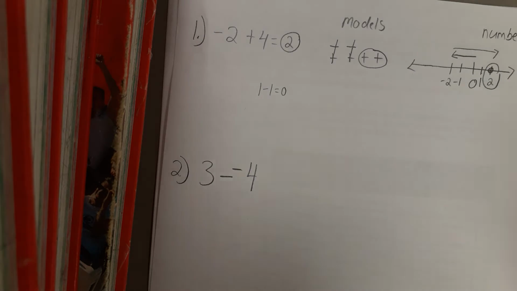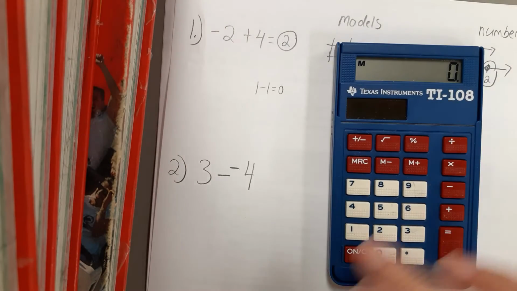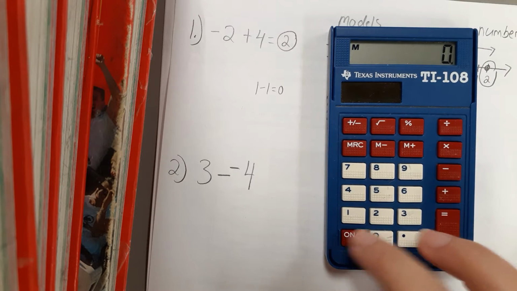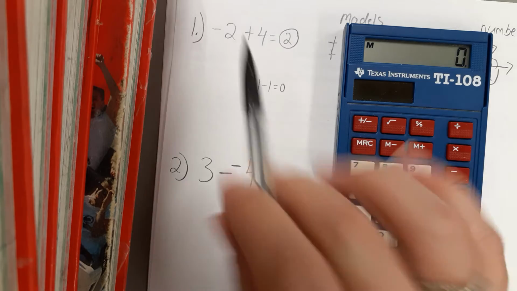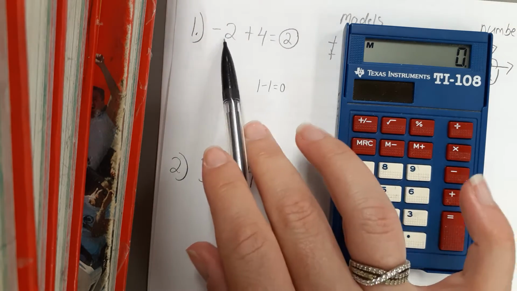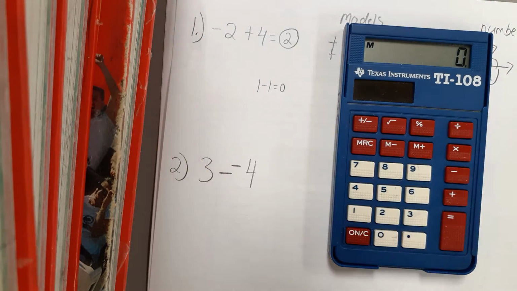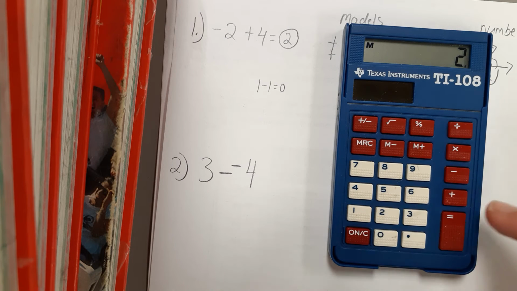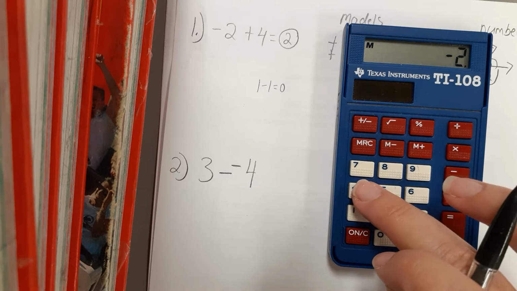Now, don't forget you do have calculators, so you can always check your answers. Always clear your calculator out a couple of times. I'm going to put it in the calculator just like it says, and for my negative, I'm going to use a minus sign. So -2 plus 4.